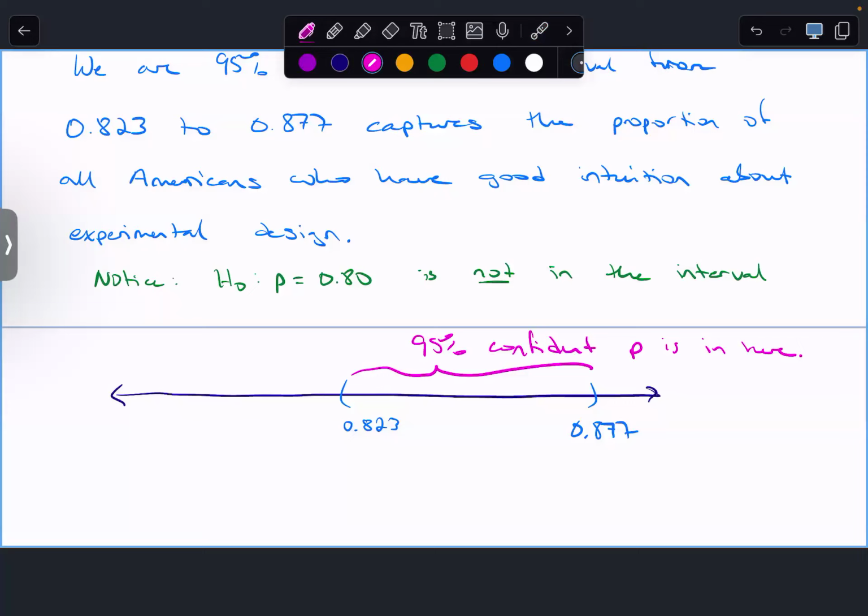So then if I'm hypothesizing that p is 0.80, I'm 95% confident that that's not the case.